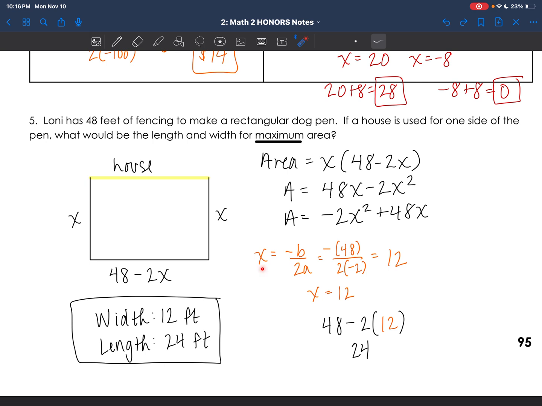So now to find our x, because this could be length or width, so we'll say this is width and this is your length. So once we solve, do negative b over 2a with this equation, you'll get 12. So your width is 12. And then now we're going to substitute in 12 to our original equation.